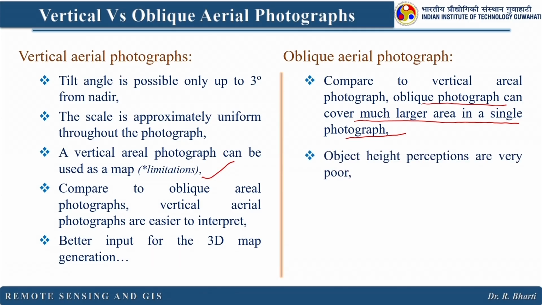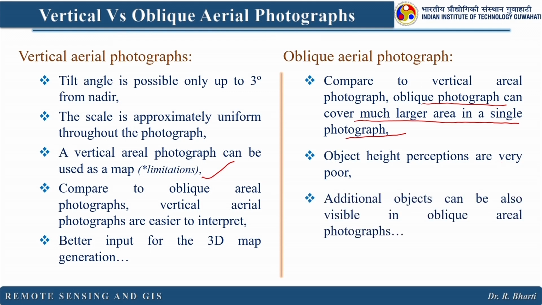Then, object height perception is very poor. When you tilt your camera, you cannot directly say this is the height of this building, because everything is proportionally changed and some error is introduced by the tilting and the sensor. So object height perception is very poor.